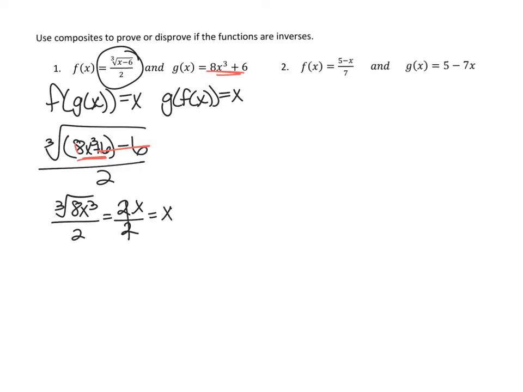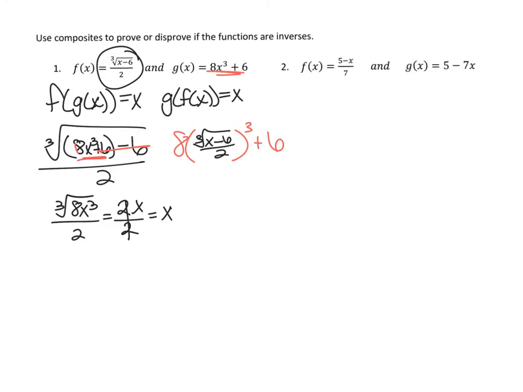So that one worked. Now the other way around, I'm going to take 8x cubed plus 6, and I'm going to put f of x in here. And that is the cube root of x minus 6 over 2.